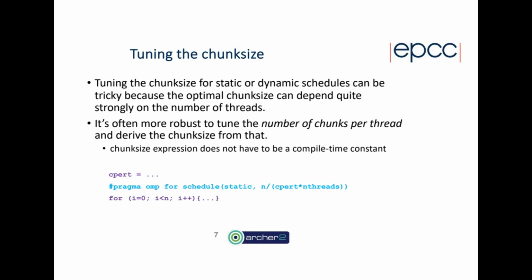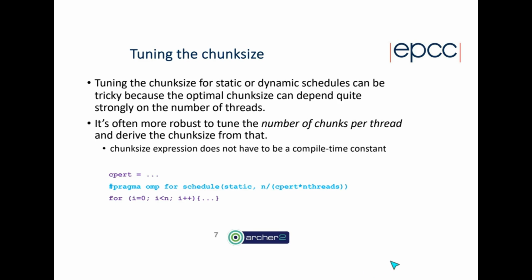Okay, so sticking with loops. It turns out that if we have loops with load imbalance, we need to choose a suitable schedule to try and get the load balance right, so maybe static with a chunk size, or dynamic, or guided schedule.